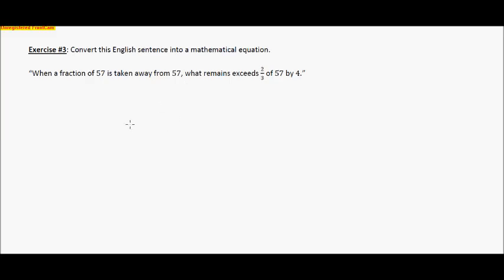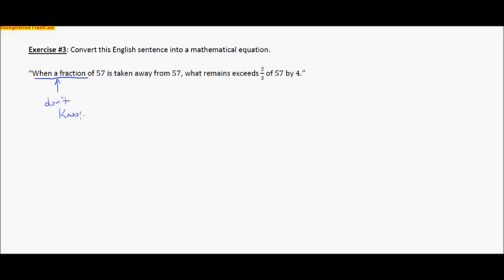What is it that I don't know? Well, I know what 57 is, and I know what taken away from 57 means, and I can write the remains exceeds by 2/3 of 57. What I don't know is the fraction of 57 you're taking away from the problem to begin with. This is what I don't know.